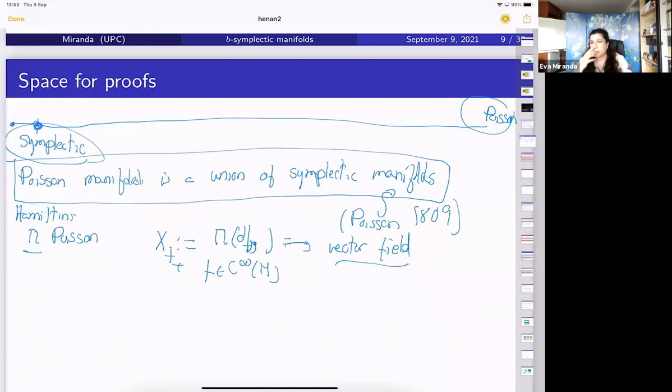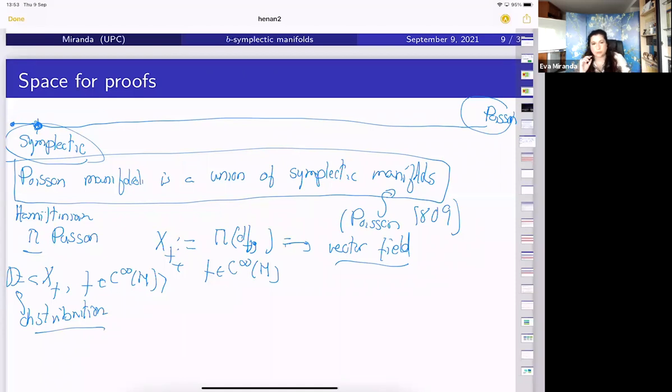And now I'm going to do something which may sound a bit strange, which is to take the set of all possible Hamiltonian vector fields. How do I do this? Well, by taking the set of all functions on a manifold. I take this set, and this is a distribution indeed, but it's a distribution of vector fields where these vector fields may vanish at some point.